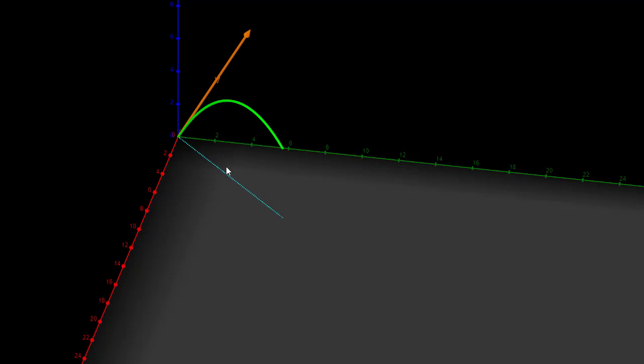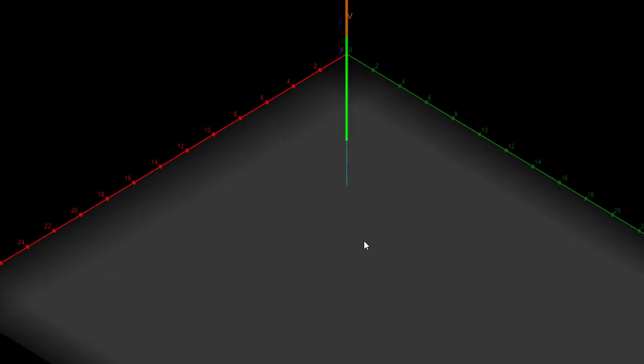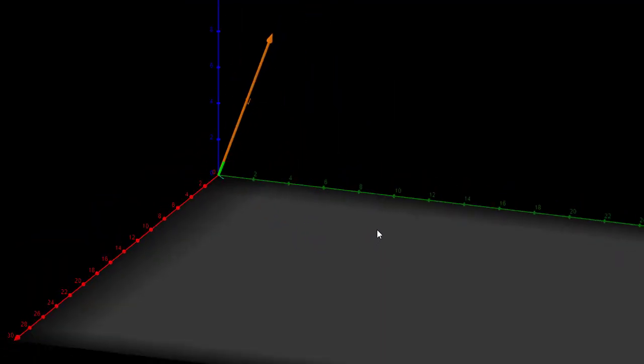And then down here, I'm basically showing the projection, the shadow of the function. Okay, so as we can see, this actually does seem to make sense.